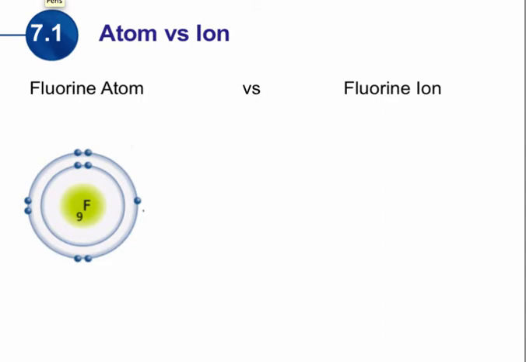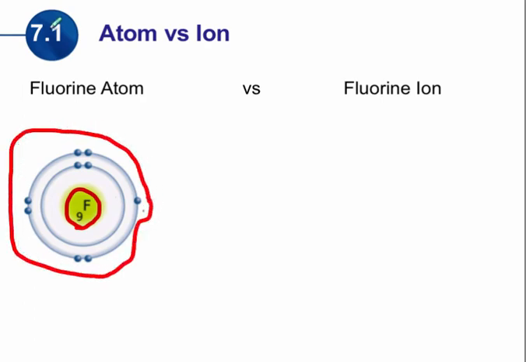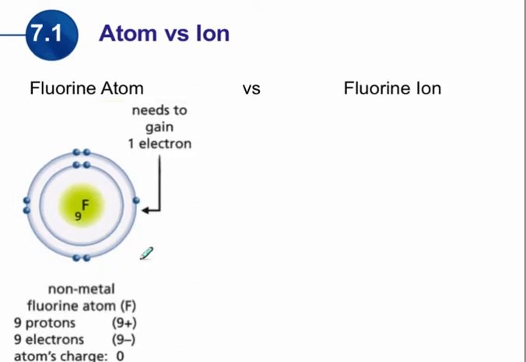And notice on the fluorine atom that the center, the nucleus, has F, 9 protons in there, and around the outside we have a total of 9 electrons. 9 protons, 9 electrons. The charge is 0, and the symbol for fluorine is F. Now notice that this atom could gain one more electron.